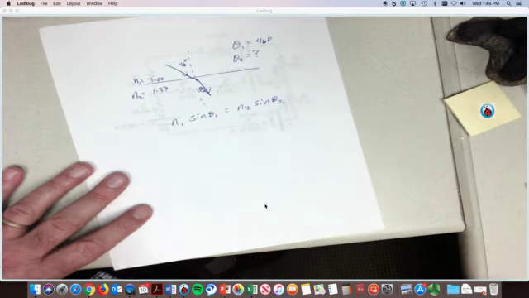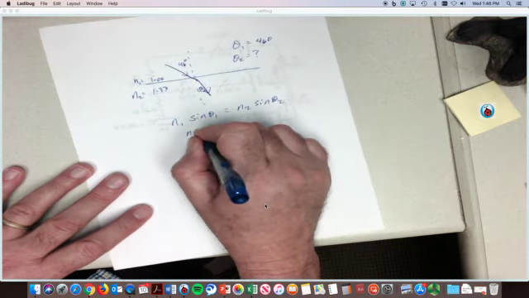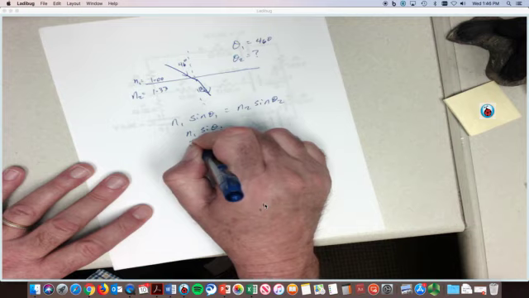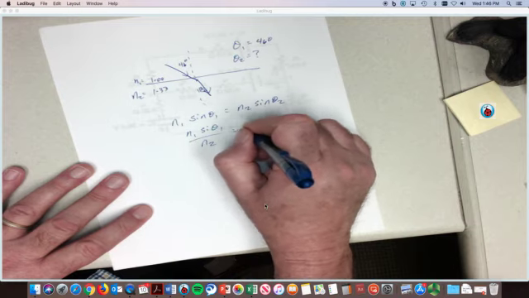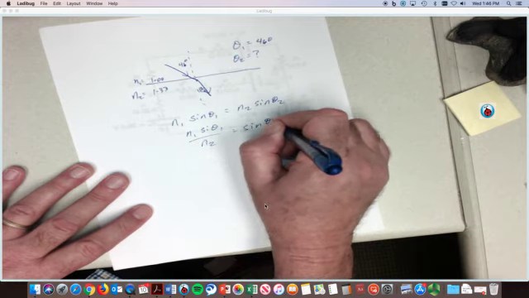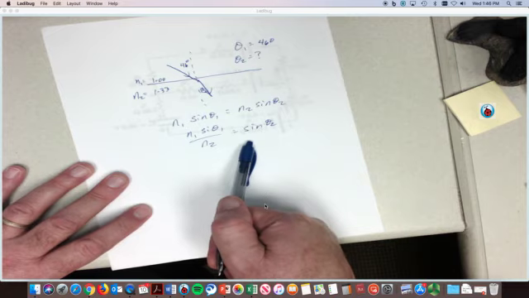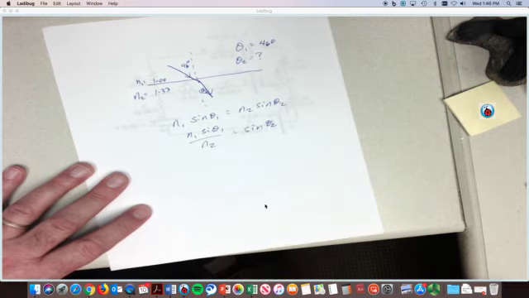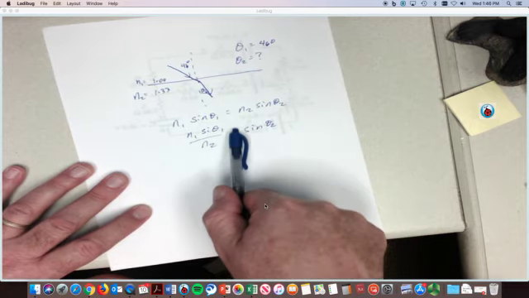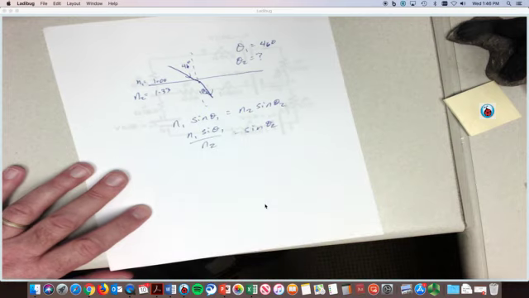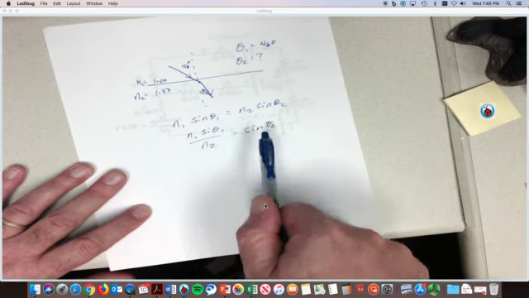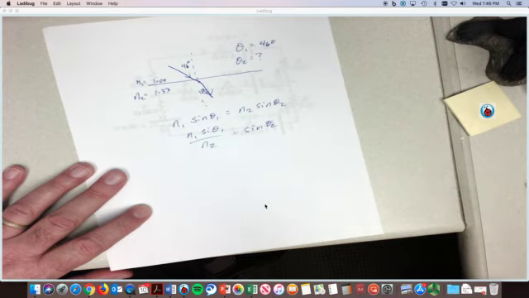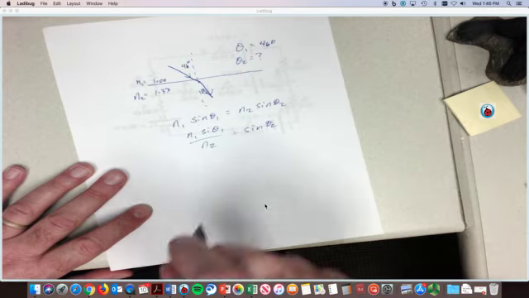Let's just do the algebra here. So we get N1 sine theta 1 over N2 is equal to sine theta 2. A very critical thing here: this number has to be less than or equal to 1, because the sine function fluctuates between -1 and 1.